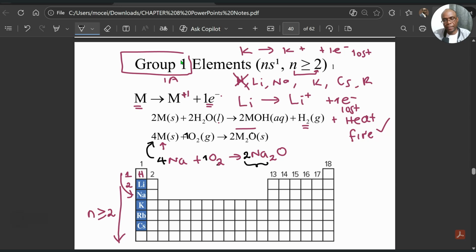There's an implied 1 balancing the oxygen, and there's 2 balancing the metal oxide. So that's the general characteristic of group 1 elements.